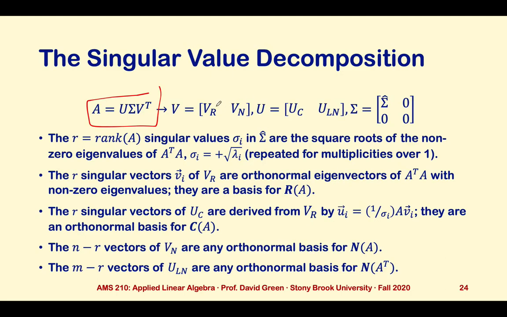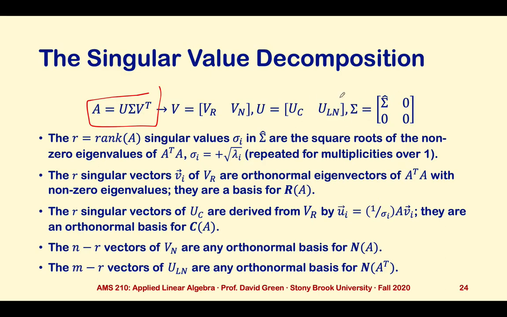That tells us that it's not just any orthonormal basis for V_R. It's not just any orthonormal basis U_C. It is a specific orthonormal basis for the row space that comes from the eigenvalues of A transpose A, and a special orthonormal basis for the column space of A that satisfies this relationship.